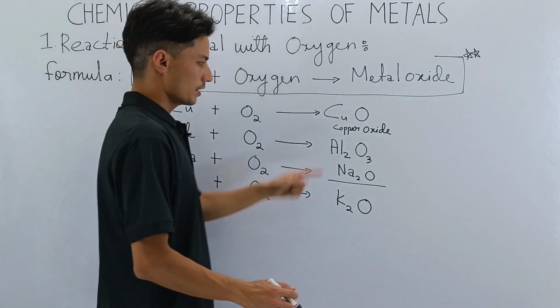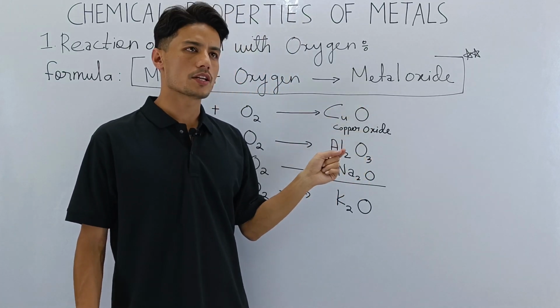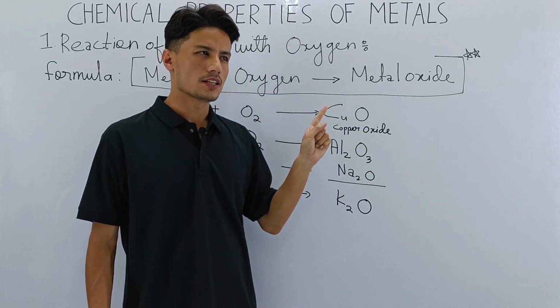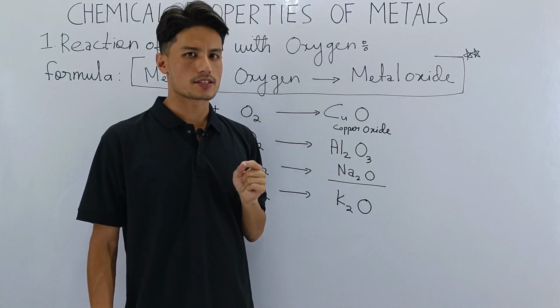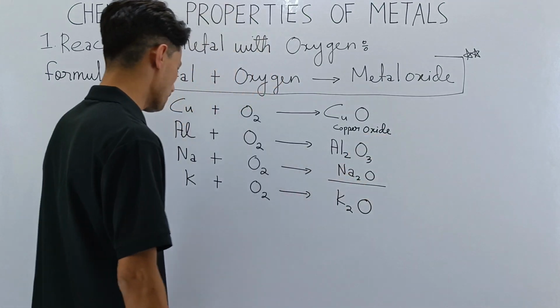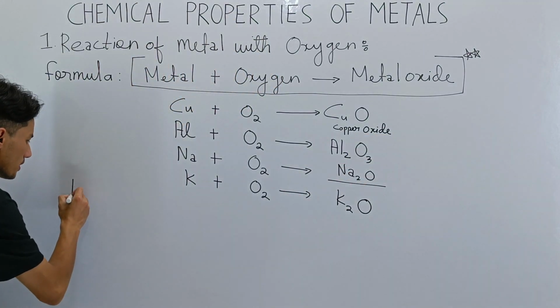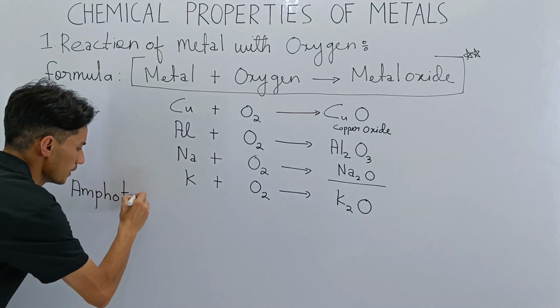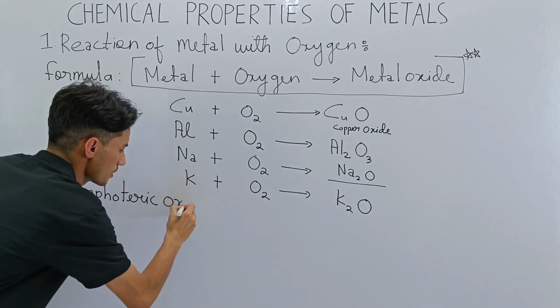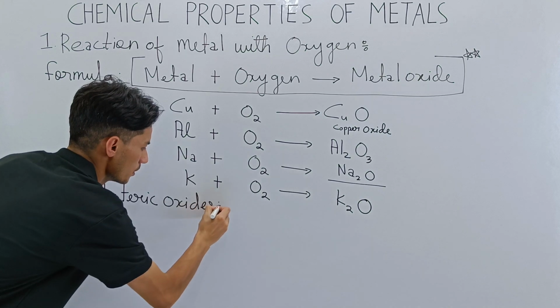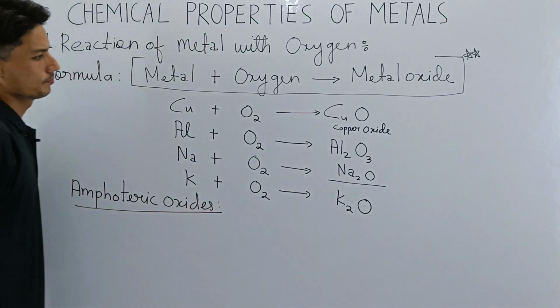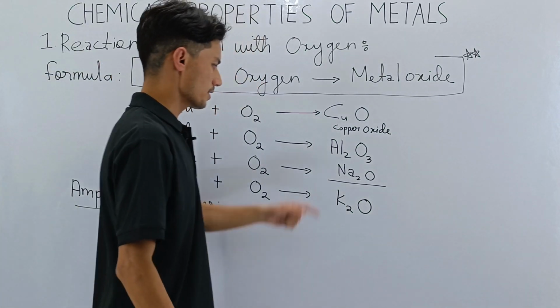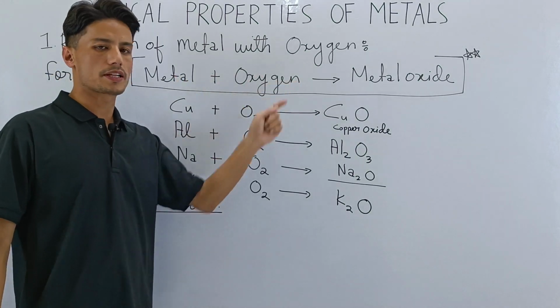Now in this very topic, you will have to learn about amphoteric oxides. What are amphoteric oxides? One small topic is there, which is called amphoteric oxides. It's there in the textbook, in the same paragraph as this topic.